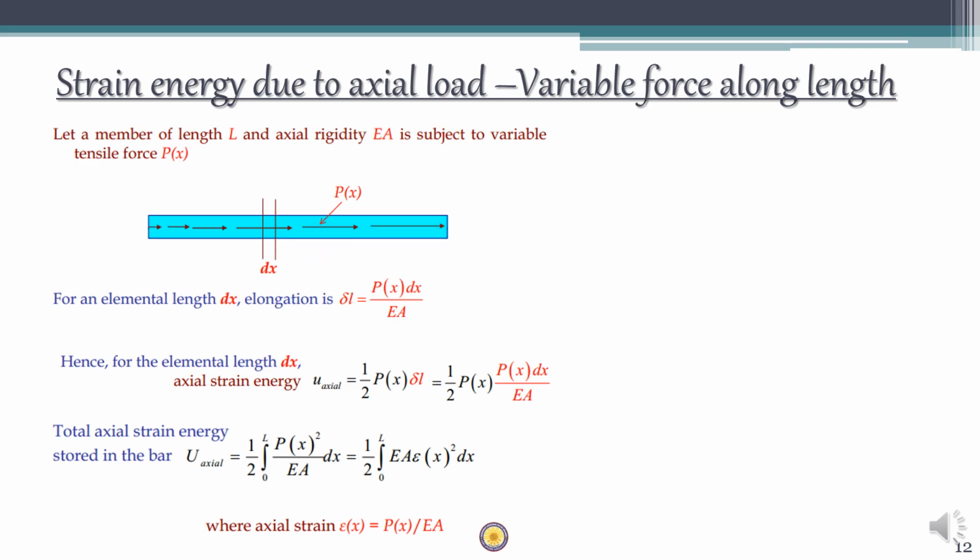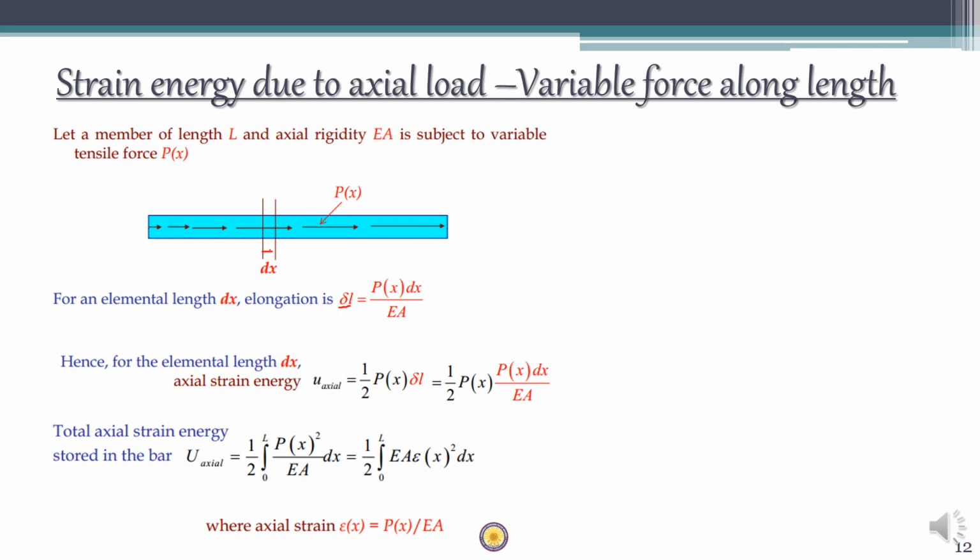Now let's see a case wherein the applied axial load is varying along the length of the bar. Let's say that the member of length L and axial rigidity EA is subjected to a variable tensile force of P of x, which means that loading varies along with x. Let's consider an element of length dx. Let's say that the deformation of this particular small element is delta L. We already know that deformation is equal to PL by AE, right?